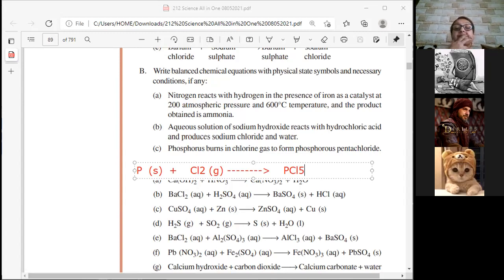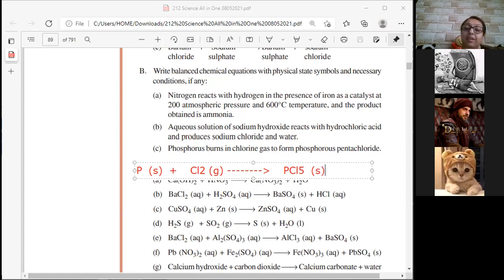Tell me yes or no. We've learned mono, di, tri, tetra, penta, hexa. Yes or no? Now, the phosphorus pentachloride that I'm going to get is going to be a solid, correct?